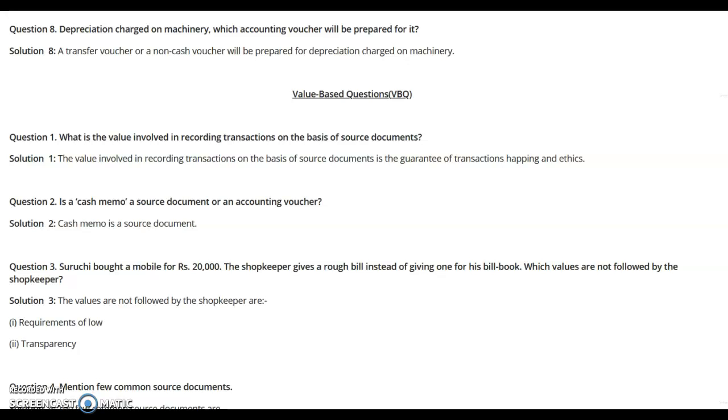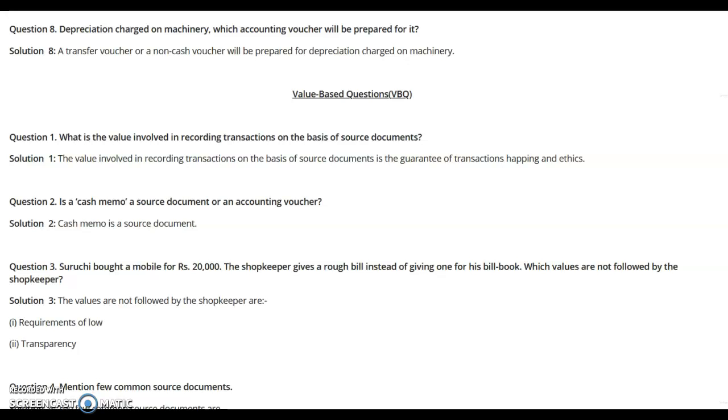The value involved is the guarantee of transactions happening, and ethics. Guarantee of transactions means the genuineness, the factuality, the originality that a transaction has taken place, and as part of accounting ethics, it is to be done.